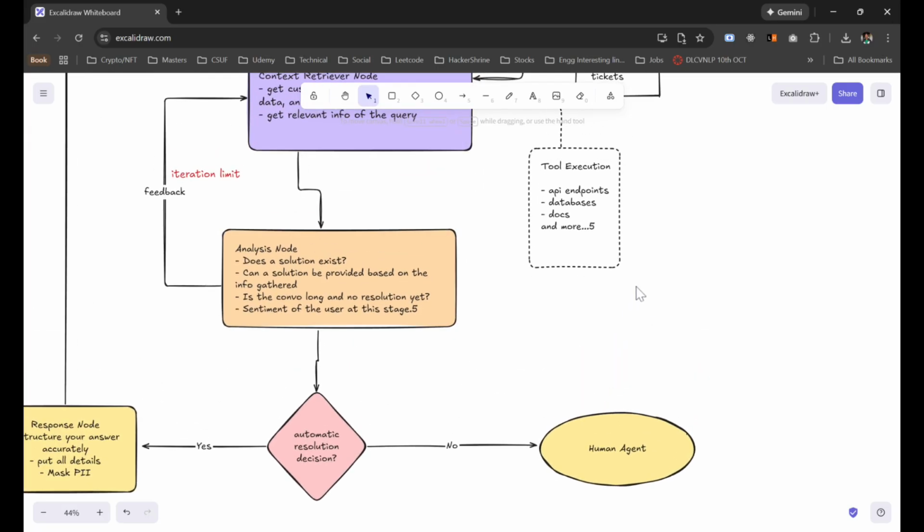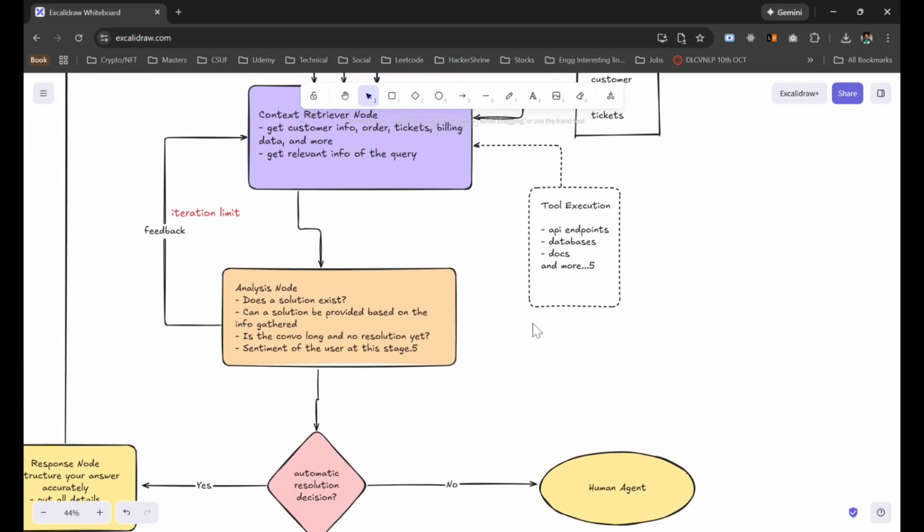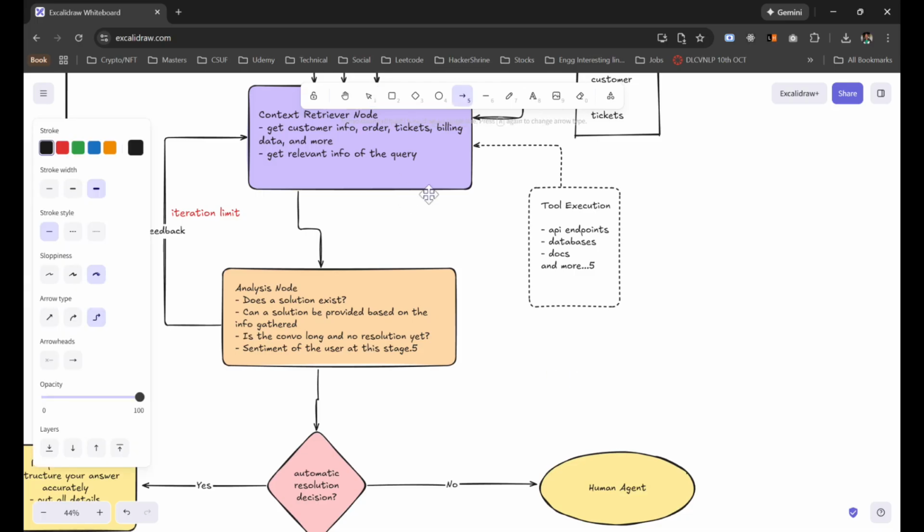But we should also have a system where we can come to the human agent at any given point of time. Let's say the context is not getting updated, it's the same thing again and again. At this stage also, we can come to the human agent directly. We should add all of these things, so at any stage we are not able to figure out a solution, even from the analysis node we come here.